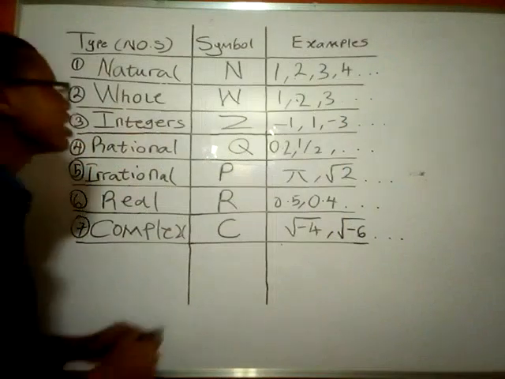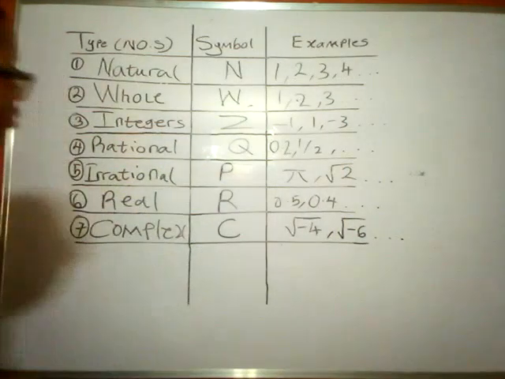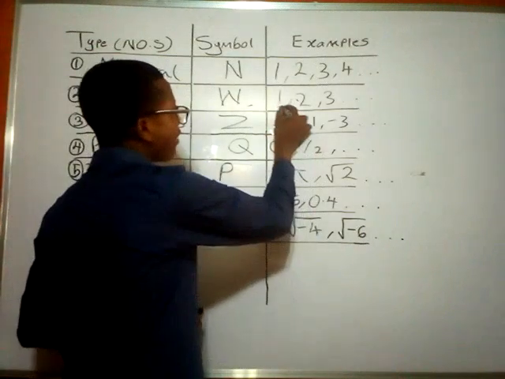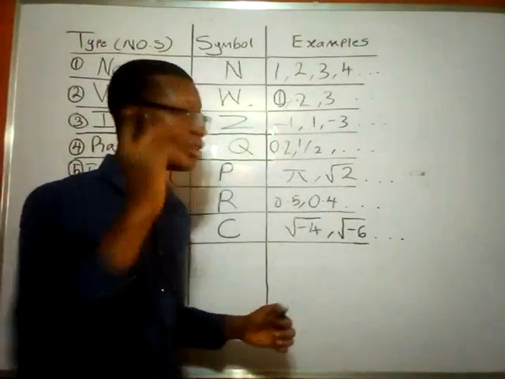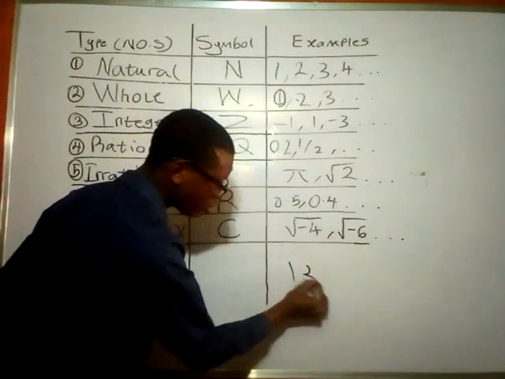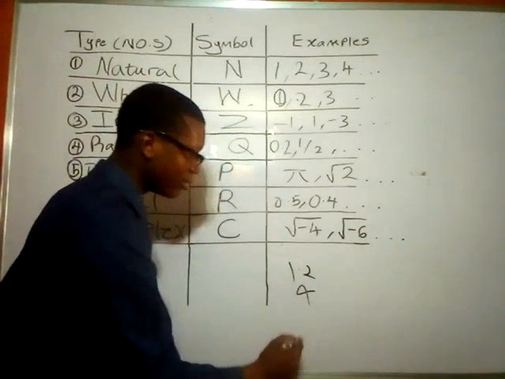Number 2, we have whole numbers. Whole numbers are denoted by the symbol W, and these are numbers which do not contain a fraction. For example, 1 is a whole number. If we have something like 1.2, this is not a whole number.